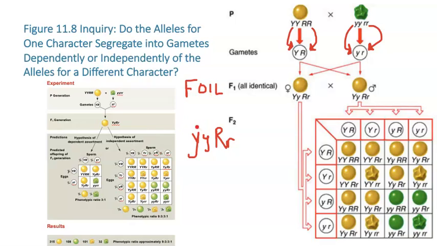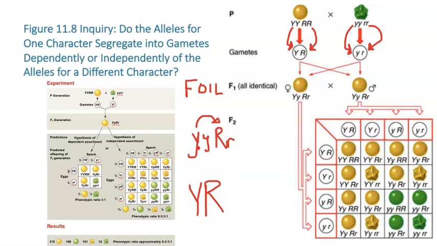This big Y can go in a gamete with this big R. So I'm going to draw it more like a big Y just to make things easy. And then it's going to go into a gamete with this big R, right? So that's the first two together.